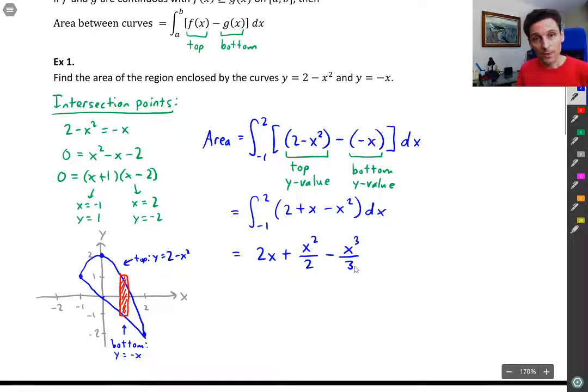Now remember that you can always double check your antiderivative by turning right around and taking the derivative of it, and hopefully if it works out, you should get back to this original integrand, as we call it. So take the derivative of 2x plus x squared over 2 minus x cubed over 3, and you should get 2 plus x minus x squared.